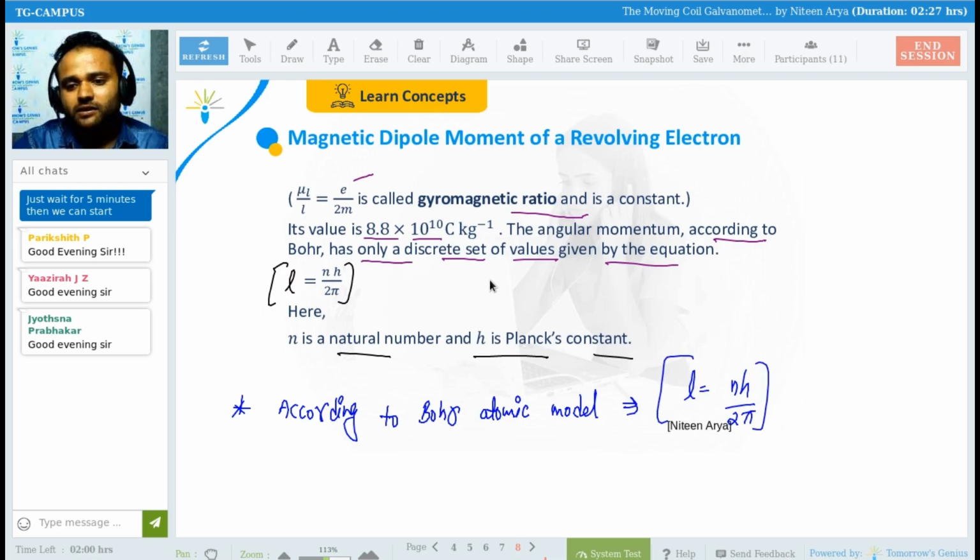What is the meaning of this? Rutherford gave us a particular theory due to his famous gold foil experiment. In the middle of an atom there is a center where the maximum mass is attached. This is known as the nucleus, and electrons revolve around it. But he predicted according to classical mechanics. What is classical mechanics? Like Earth revolving.